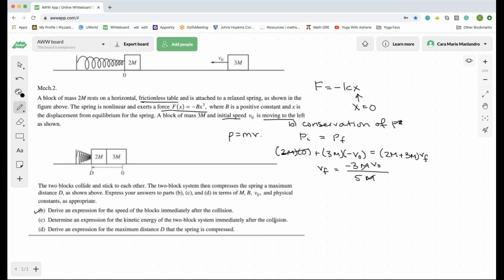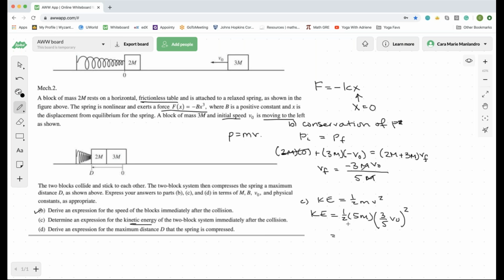All right, so this question is not as hard as it looks. All we need to do is plug in the kinetic energy. Kinetic energy is 1/2 mv squared. So this is 1/2, and your mass is 5m, and your velocity is 3/5 v naught, squared.